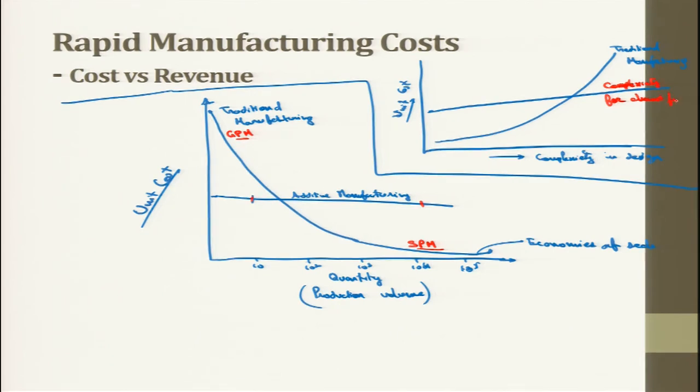In this case, the costs are almost the same, and then we have higher margins because of that, and therefore higher profits. So this is when traditional and additive manufacturing costs are plotted in terms of complexity.